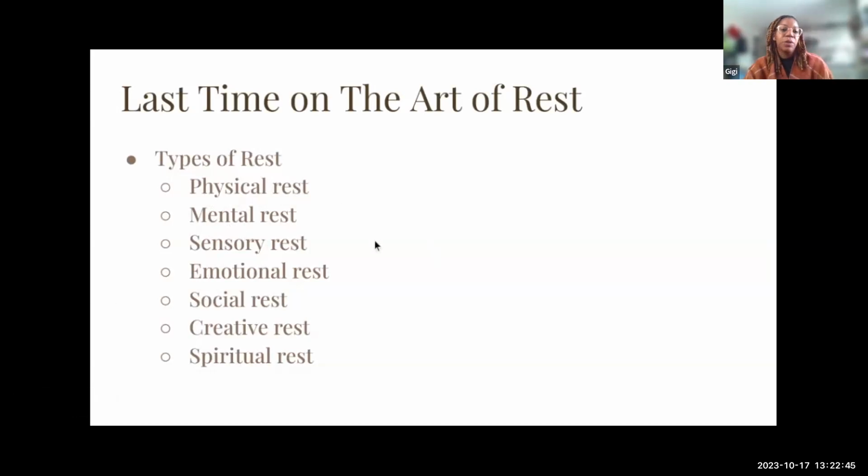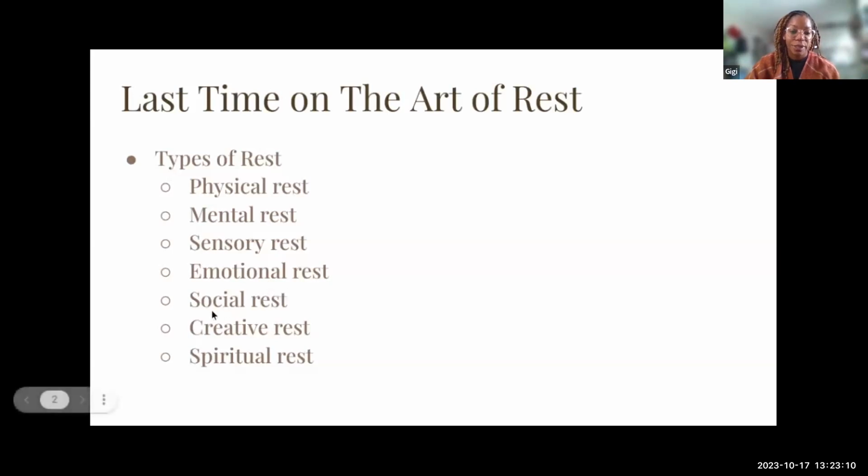Mental rest, which is rest of the mental state. Sensory rest, giving yourself a break from multiple, if not all, senses. And then emotional rest from thinking about our emotions, dealing with our emotions. Also rest from things that heighten our emotional response.